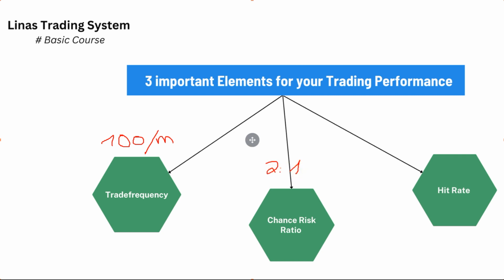The hit rate is telling us how often our trades run into profit or losses. So let's say for this example we have a hit rate of 45%. Now let's put those 3 elements into relation to each other.